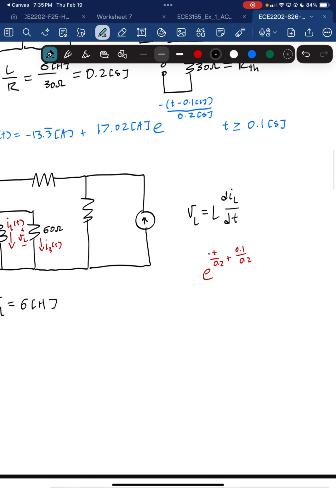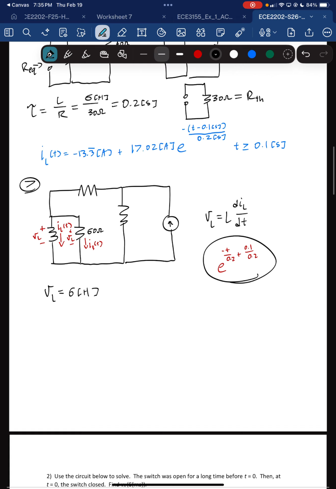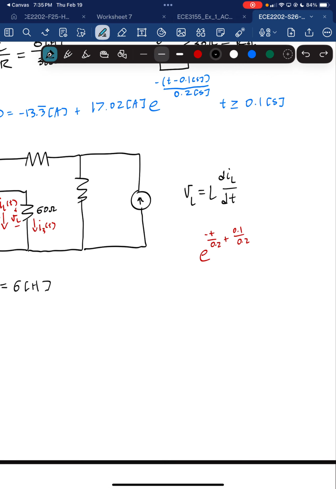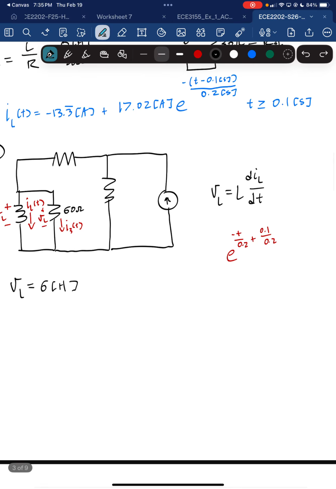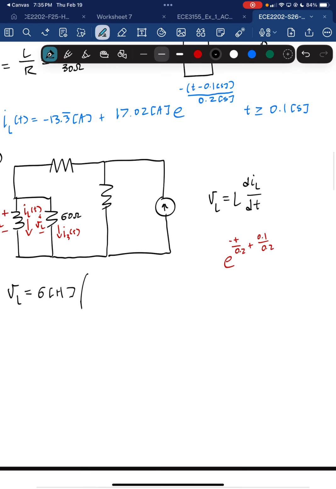Because we're going to have to use the chain rule to find the derivative of the exponential function. When you do the chain rule, essentially you're going to be left with negative 1 over 0.2 times 17.02, that stays there, times the derivative of an exponent is the same exponent, e to the (t minus 0.1) over 0.2.